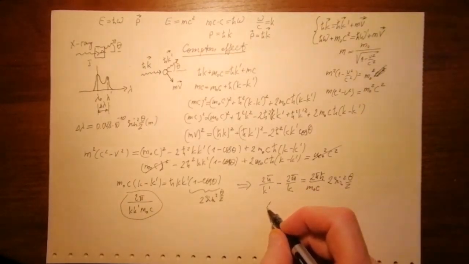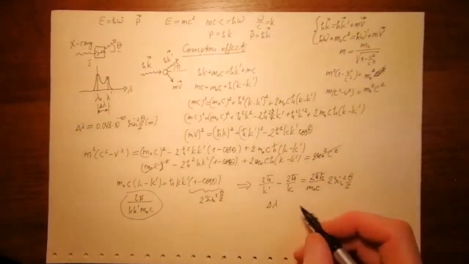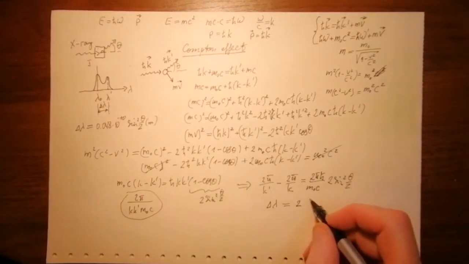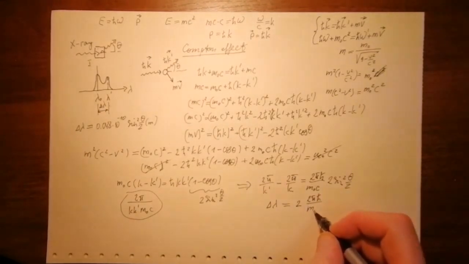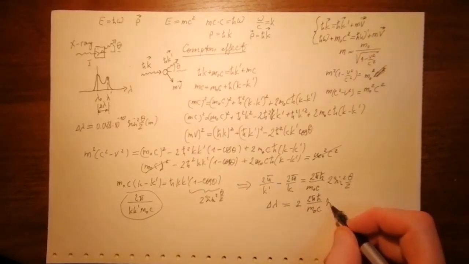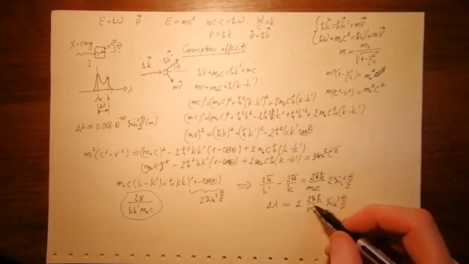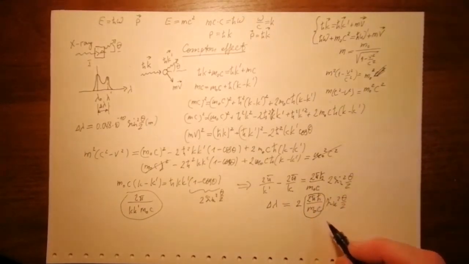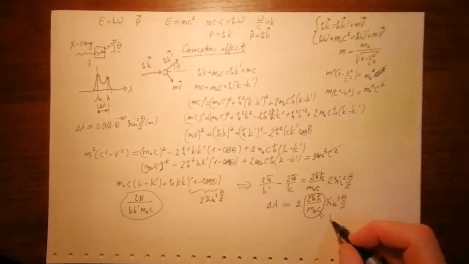So we see that delta lambda, which we derived from the conservation law, is 2 times 2 pi h over m0 c sine squared theta over 2. This term has a dimension of wavelength and is called the Compton wavelength.